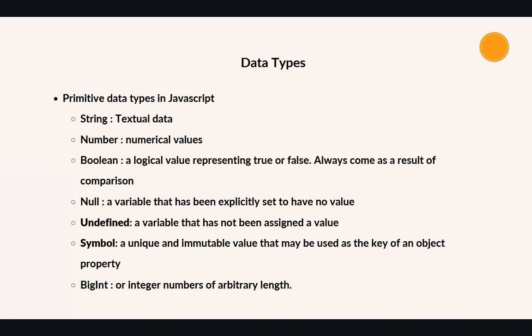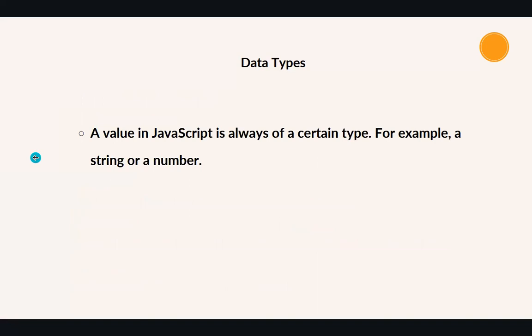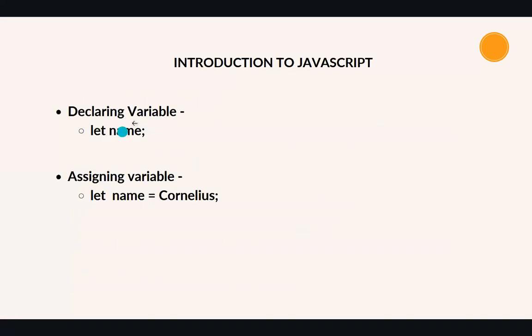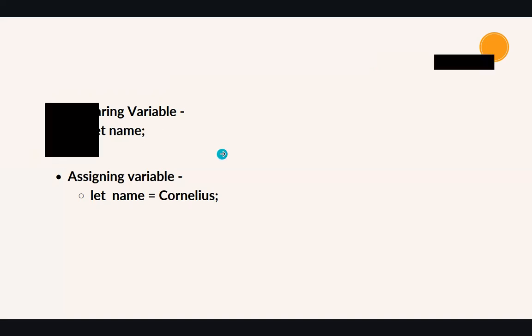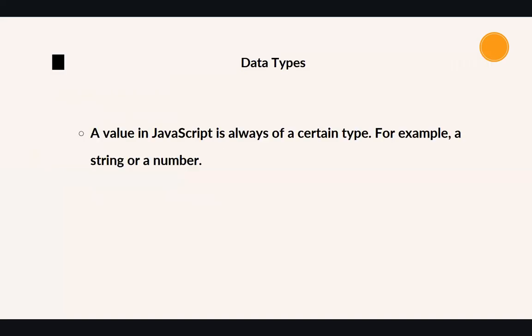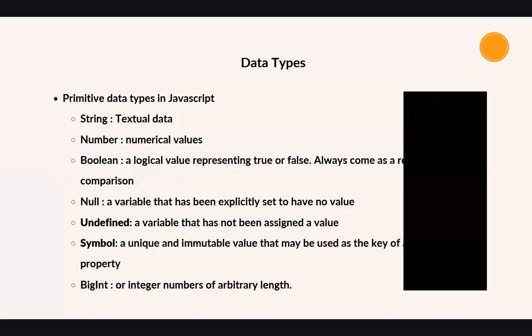Now, we spoke about null, and we said null is a variable that has been explicitly set to have no value. So, for example, when we had let name and we hadn't given it any value, by default, the value is null. So if we had checked the type of this, it will be null, because it doesn't have any value. So a null value is a value that references no value.